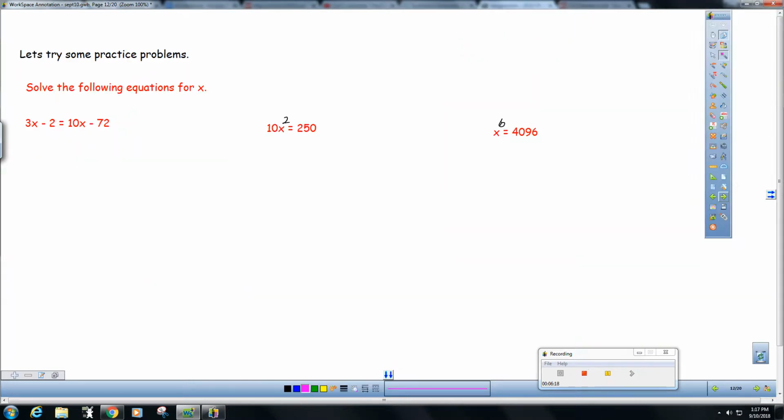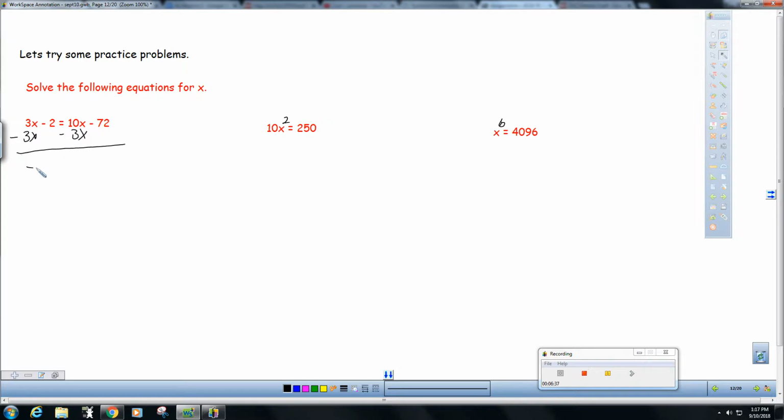Okay, now we're going to just do some practice with some activities that are going to be important. So how to solve equations. This is a linear equation of some sort. Notice we have to get all the x's on one side. So to do that, I'm going to subtract 3x from both sides.